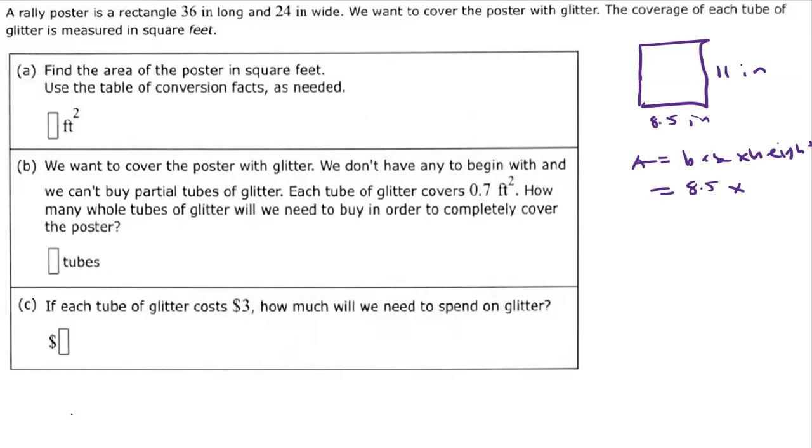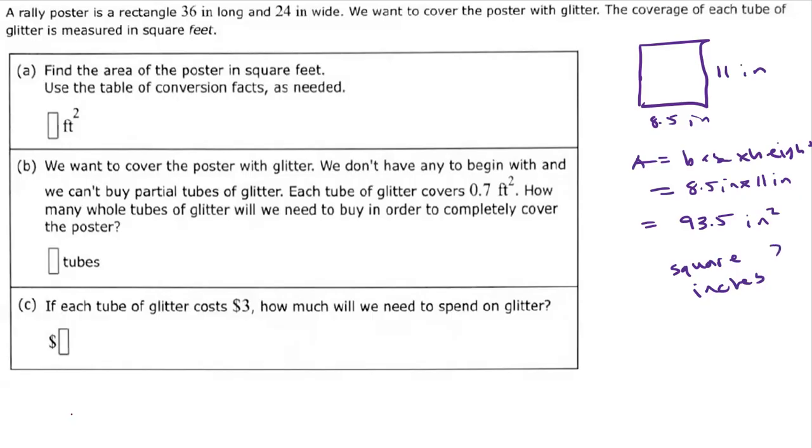So 8.5 inches times 11 inches. When we multiply this, we get 93.5, and we say this as square inches. I know the square is at the end, but the proper way of saying this is square inches. Square always comes first.